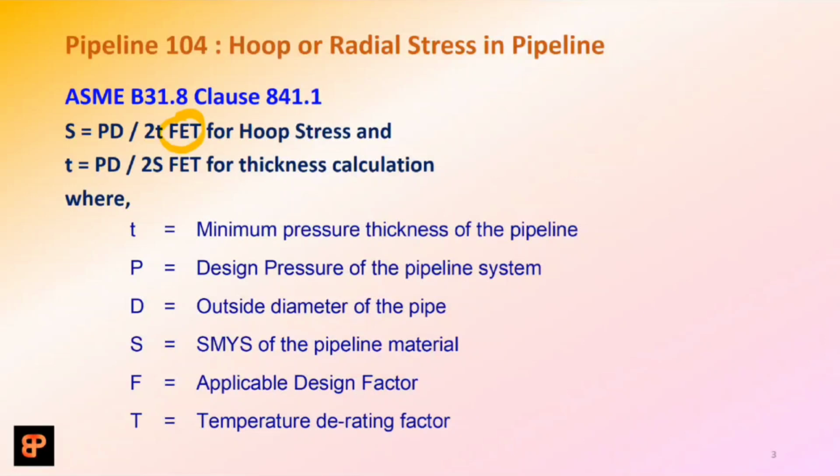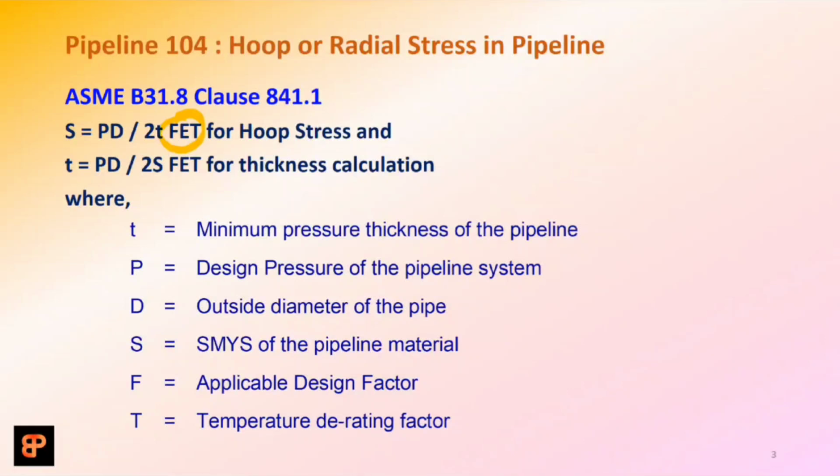T is the temperature derating factor, which I have already explained in the pipeline 102 lecture. Once again, I will just try to quickly wrap it up. Whenever there is a temperature from the fluid service that the pipeline is going to handle, or sometimes the ambient condition, if the pipe is exposed above ground outside in the sun, then there will be a black bulb temperature effect happening.